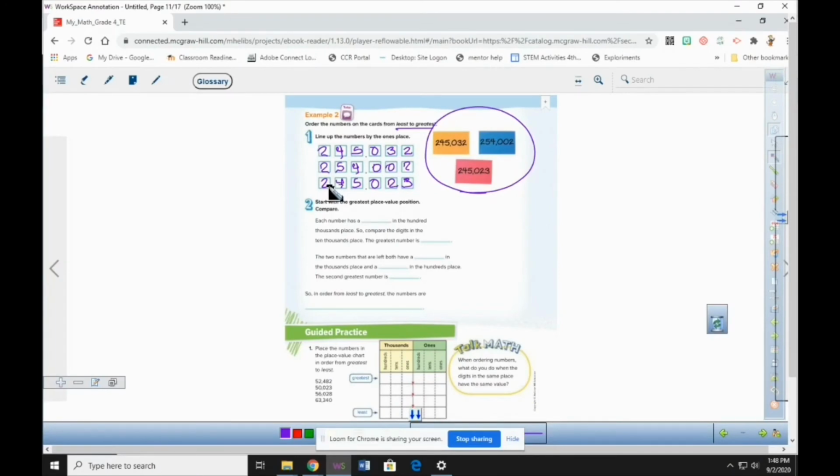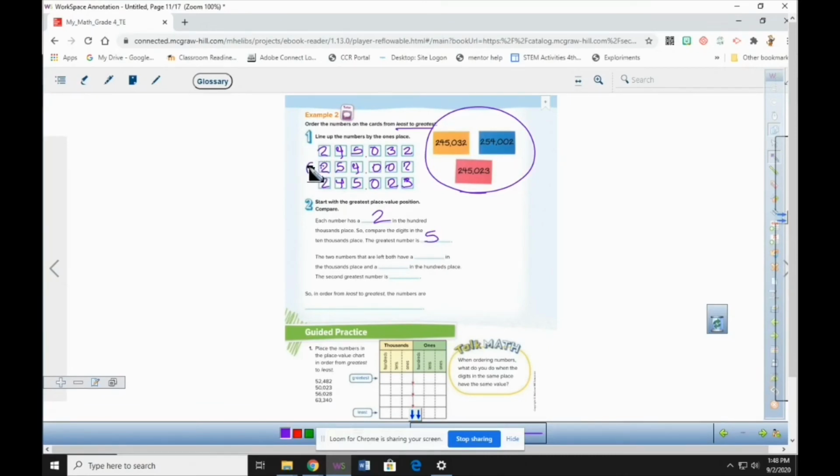Okay. Looking at these numbers, all of them have 2 in the 100,000s place. So we need to look at the 10,000s place. We have a 4, a 5, and a 4. The greatest number there is the 5, and only one of them has a 5.